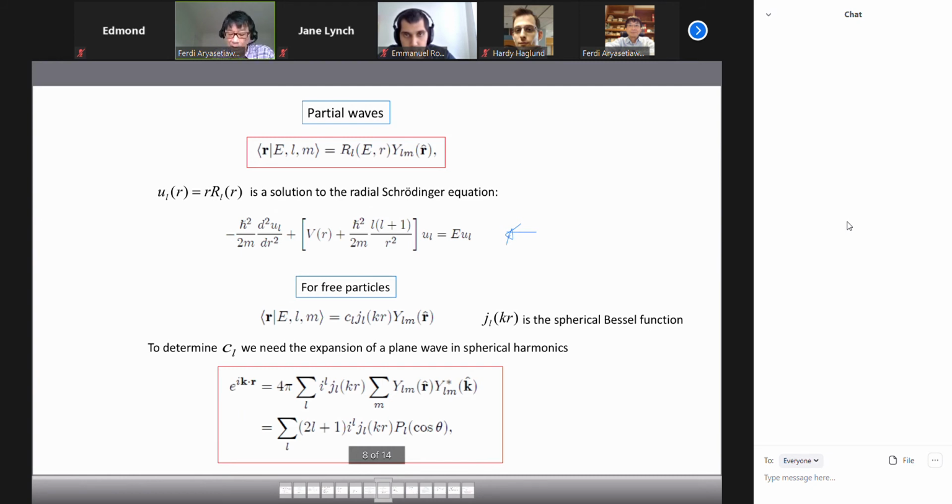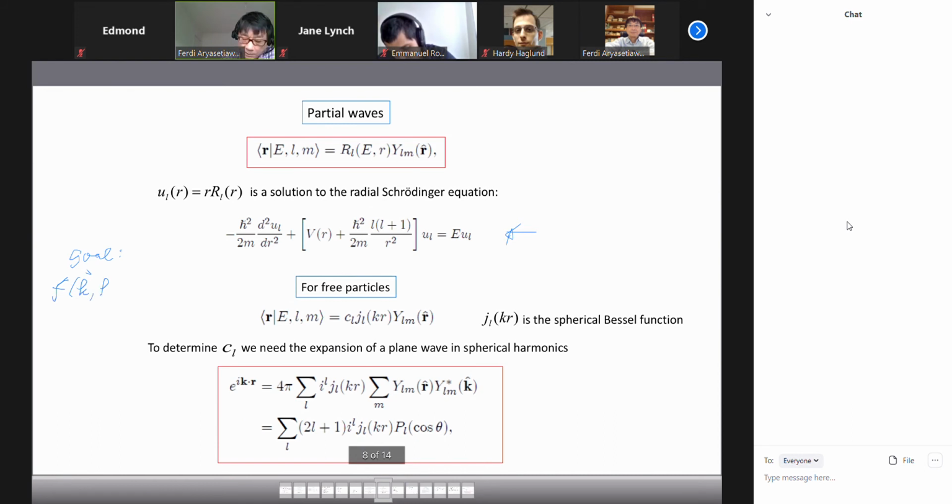Now we want to use free particle solutions as our basis functions to compute the scattering amplitude. So our goal here is to write the scattering amplitude.